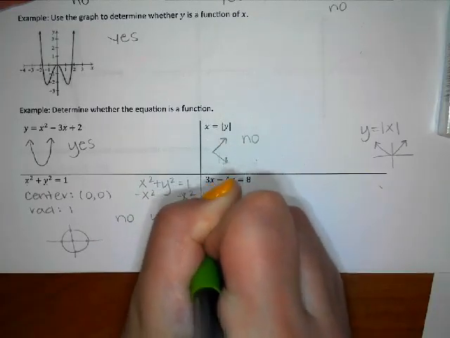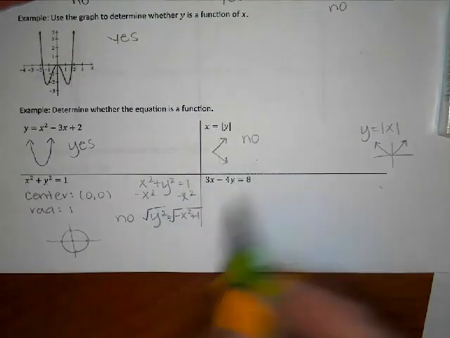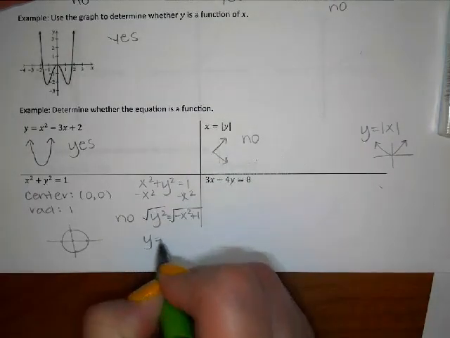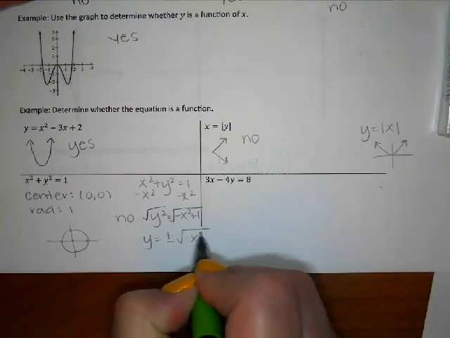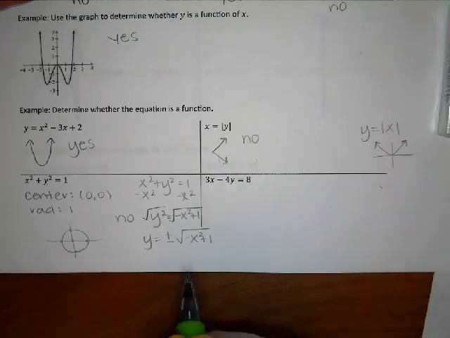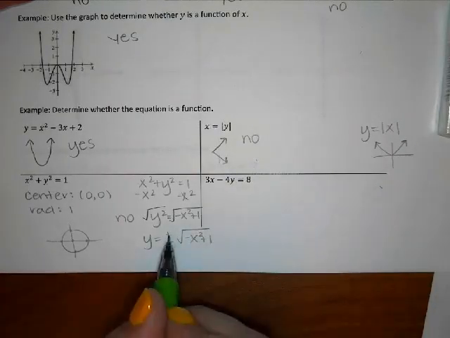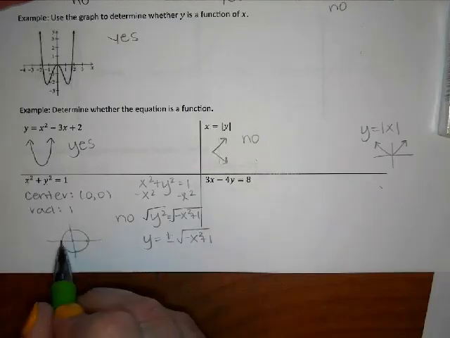And then I would have to square root the y, and anytime I square root, I get a plus and a minus. And that plus and that minus means that I actually get two equations that I would have to graph on a TI-84 graphing calculator to get the whole circle. The positive version would give me the top half of the circle. The negative version would give me the bottom half of the circle.